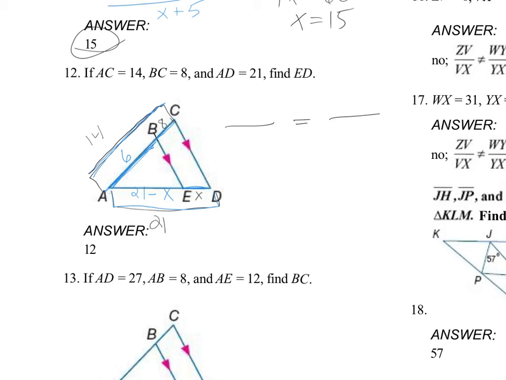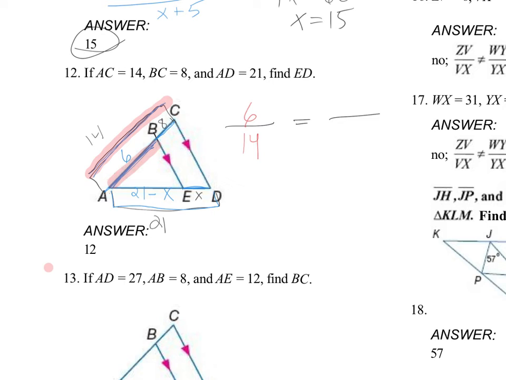So now we're looking at being able to set up our proportion and say that if we have this here, that is going to be 6, and that is going to be proportional to this whole thing here, which is 14.